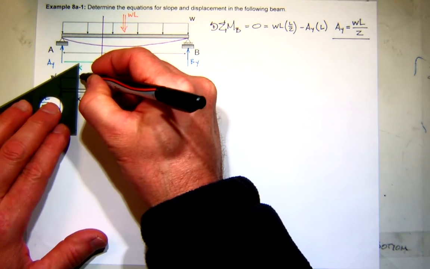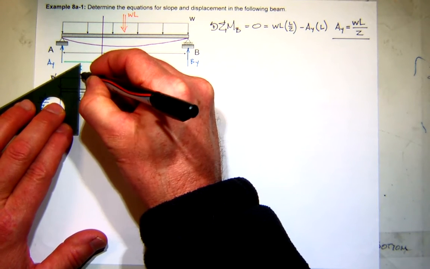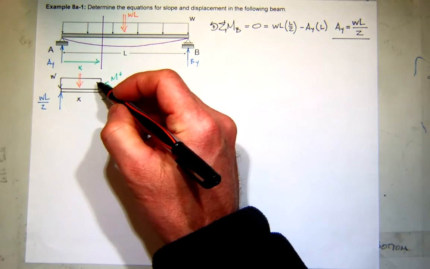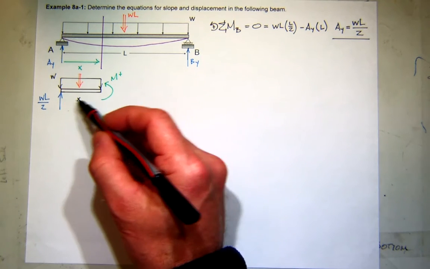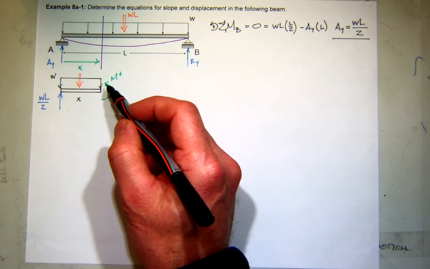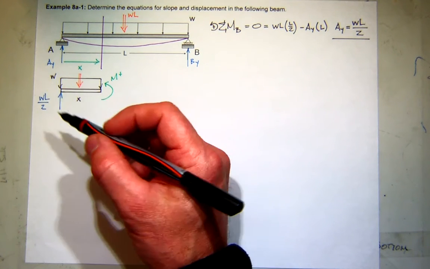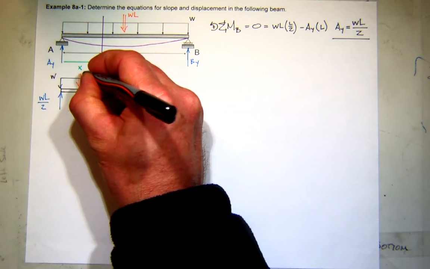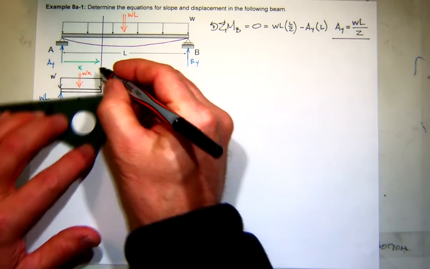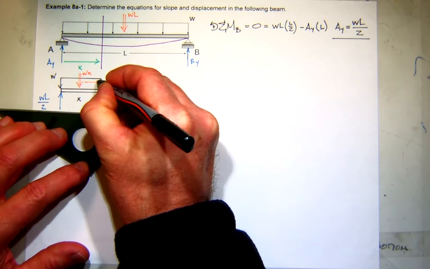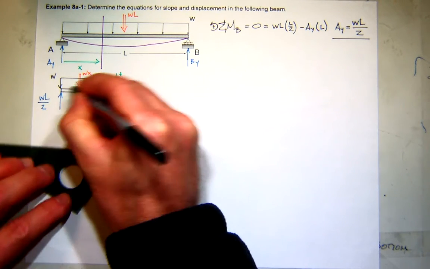So what is going to be the concentrated equivalent for this section of the uniform load? Well, again, it's still a rectangle, so it's the base dimension, which is x, times the height, which is W. So this is going to be a force of Wx. And what's the distance from the cut? Half the length.